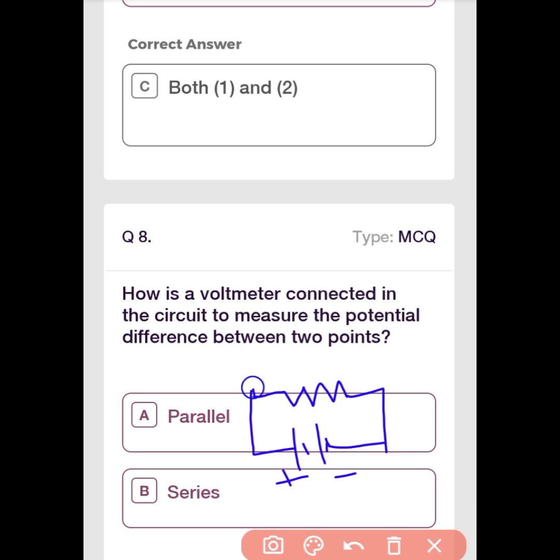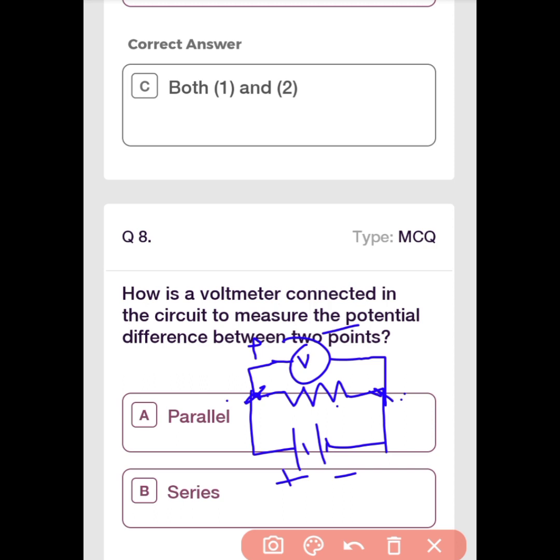And if we want to measure the voltage across this resistor, we need to connect the voltmeter parallelly. To measure the voltage across a resistor or 2 points, let us take these 2 points, we have to find the voltage across these 2 points.